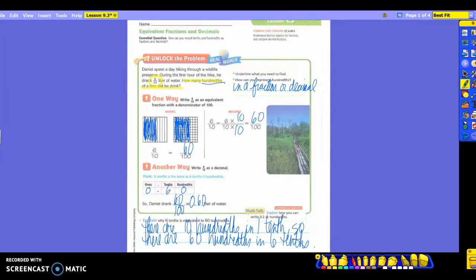Just like what Aiden told you, you're going to multiply by 10. This is kind of the same thing. 10 hundredths in 1 tenth. So there's 60 hundredths in 6 tenths. Before you turn, I want you to look at the math talk question.